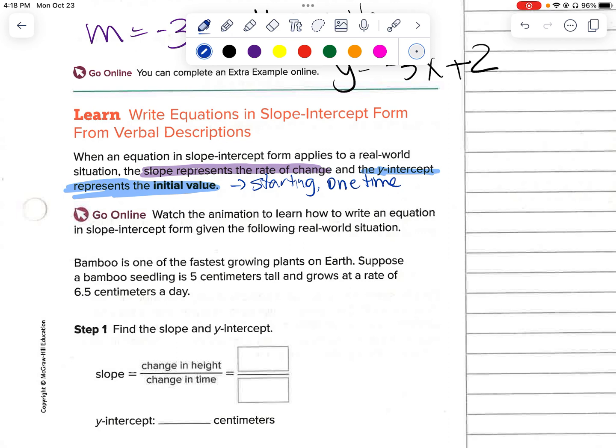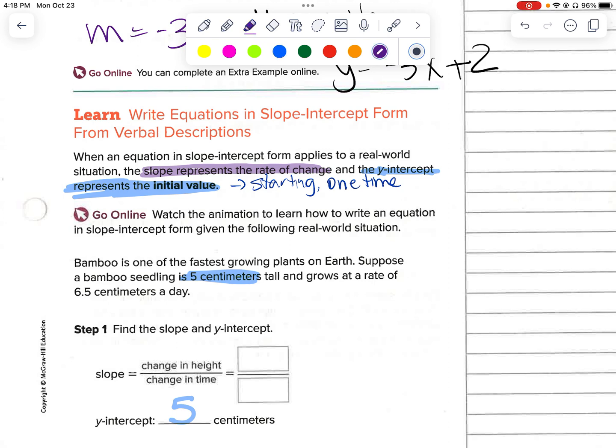So, bamboo is one of the fastest growing plants on earth. Suppose a bamboo seedling is 5 centimeters tall and grows at a rate of 6 centimeters a day. So where is it starting at? If I look at the words, where it's starting is 5 centimeters. Okay, that's where it starts. So 5 centimeters is where it's starting.